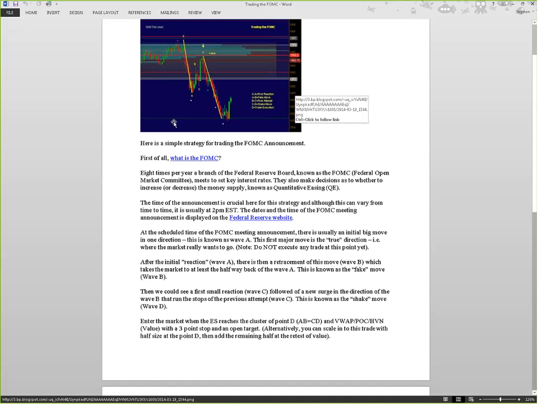So AB is the false move, XA is the first reaction, and then DC is the shake or fake out, and then D is trade execution. That makes sense?